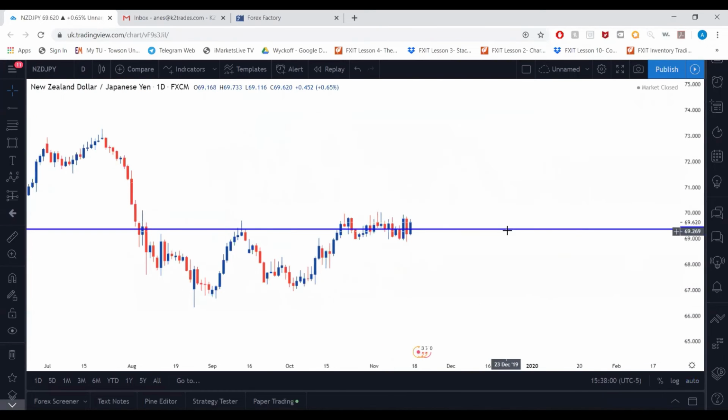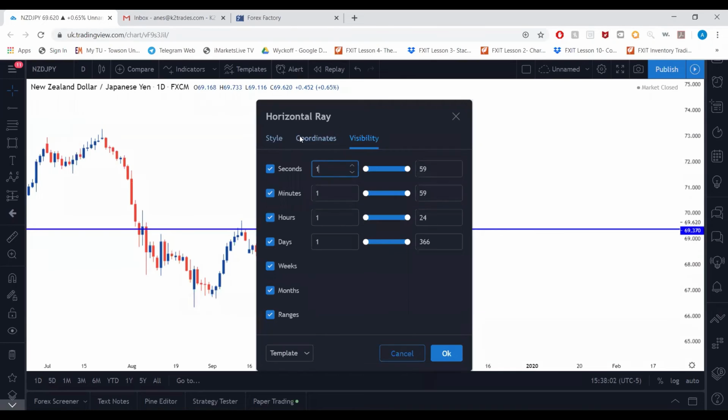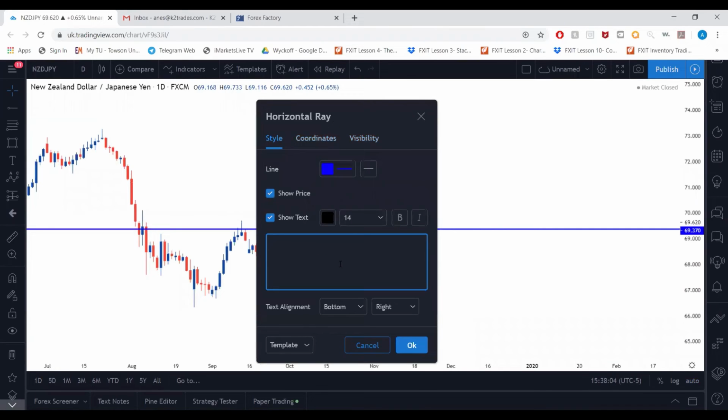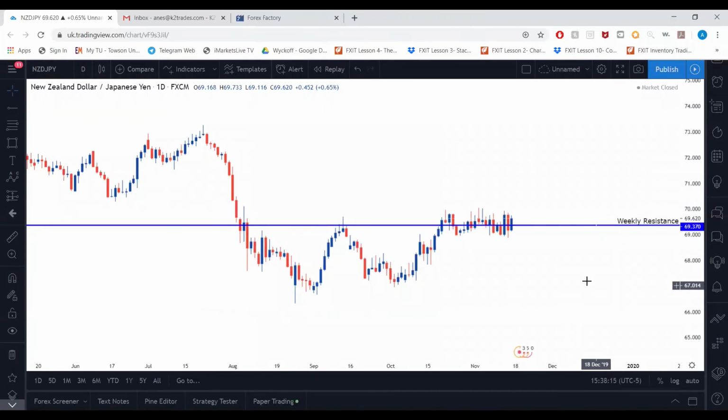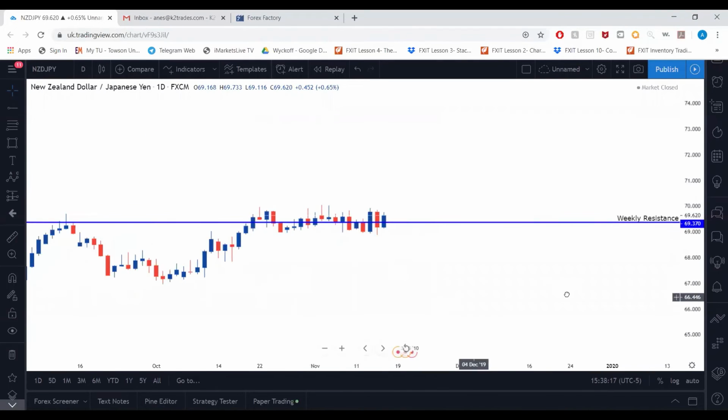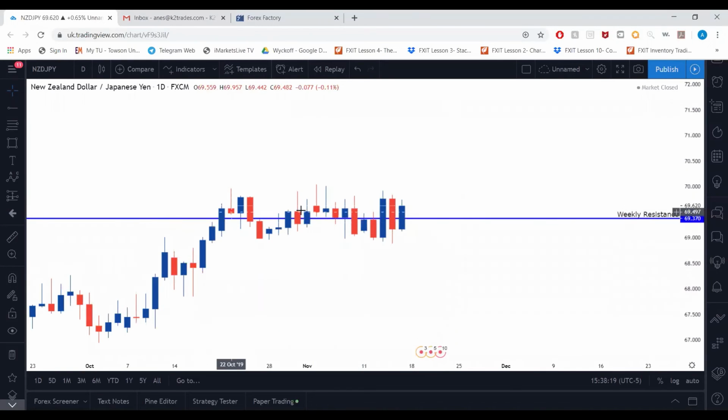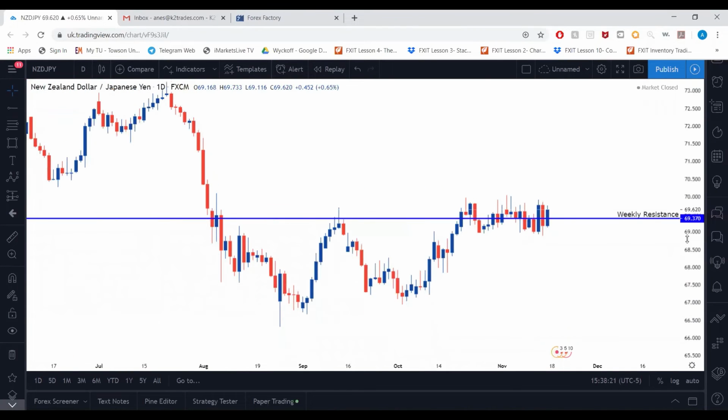Because this to me is still weekly resistance. We're right here. It's just been consolidating on a daily around this resistance, so definitely no clear break here, as you see.